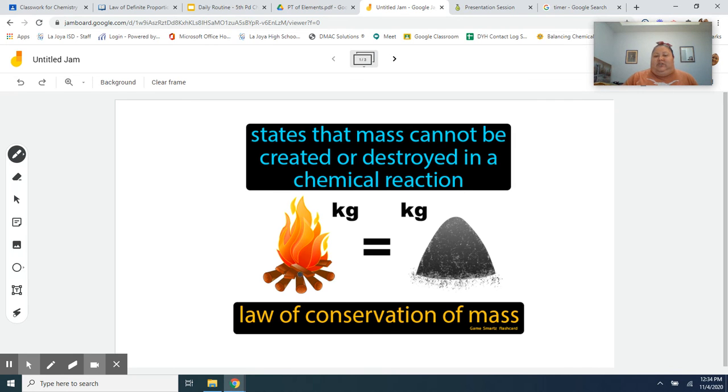So whatever you're starting with, your reactants should equal by mass the same as your product. If you started with 10 kilograms of reactant, your product should end up at around 10 kilograms. That is the law of conservation of mass. How much mass you start with should equal how much you end with.